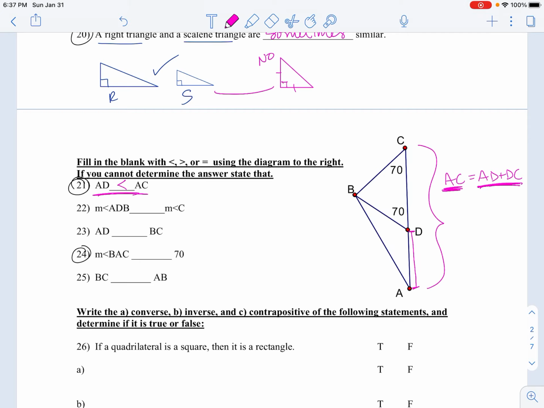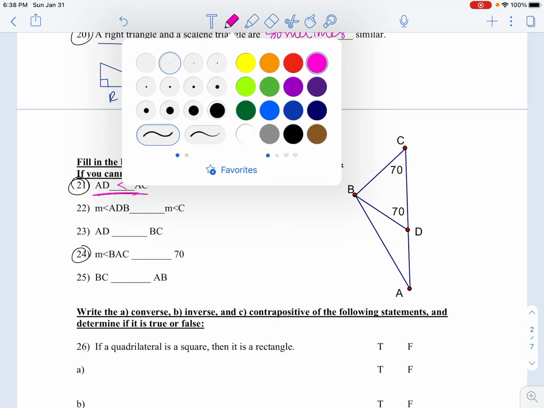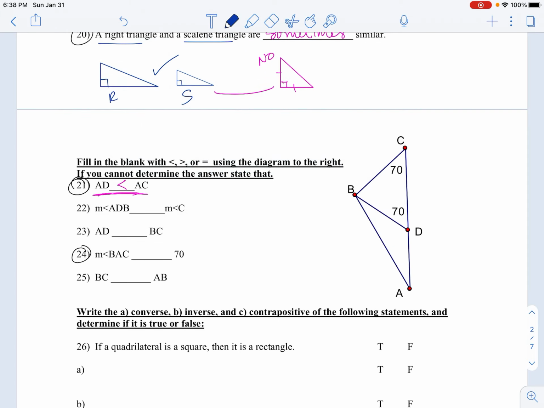All right, and then lastly here we have BAC and 70. So what I'm going to look at for this one is my entire triangle. But before I do that, I do in fact know that up here is 40, so I might start with that. I do know over here is 110 because this is a straight line.